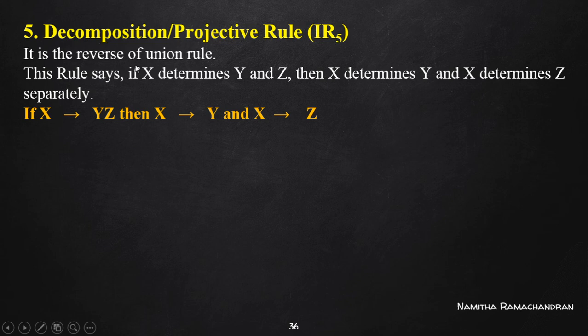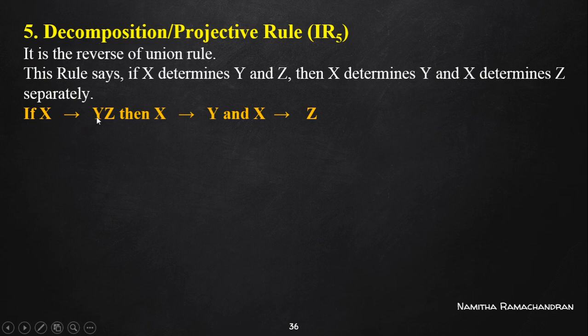It is just the reverse of our previous additive or union rule. This rule says if X determines both Y and Z, then X determines Y and X determines Z separately. Just the reverse of our additive rule.